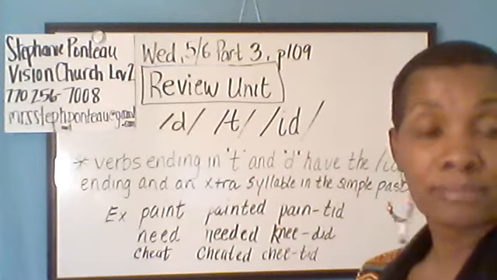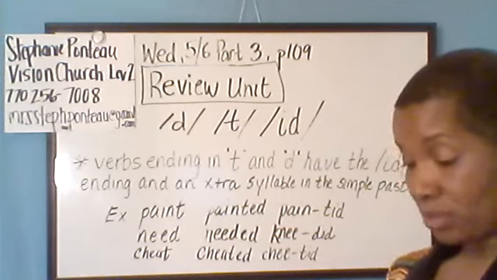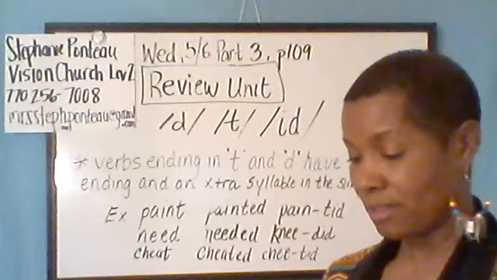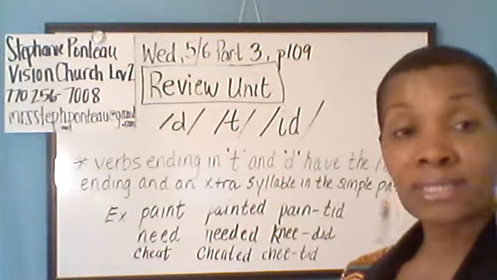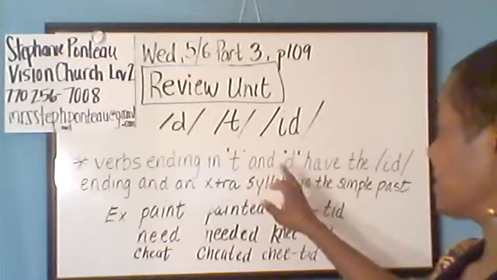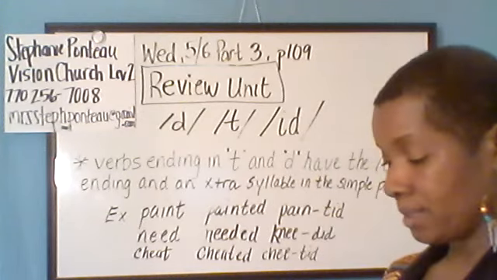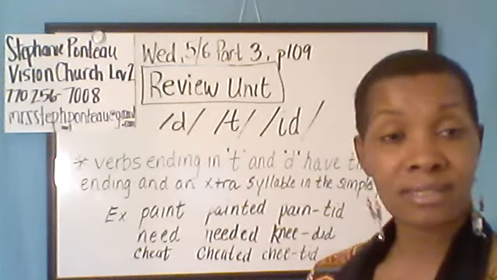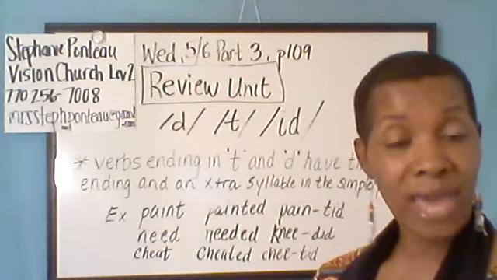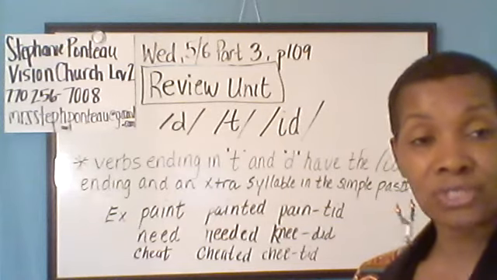Worked ends in a K. So it is not the id sound. I hope this is making sense. And then like want ends in T. Wanted. This rule applies. And let's see. Assist ends in T. Assist. And simple past, assisted. You see? An extra syllable.